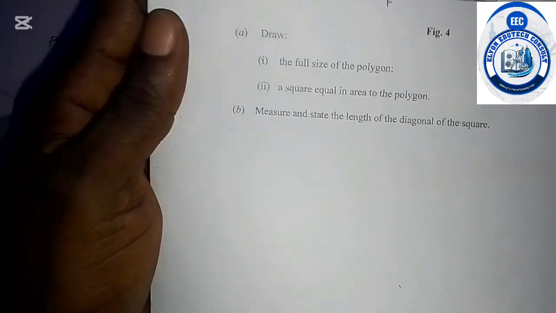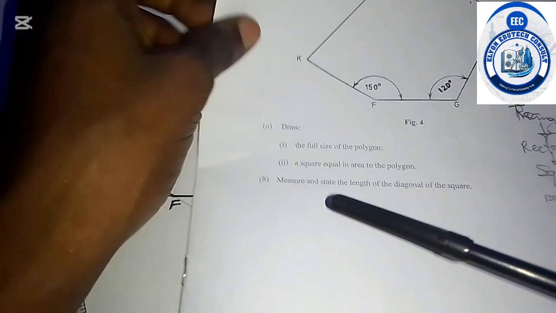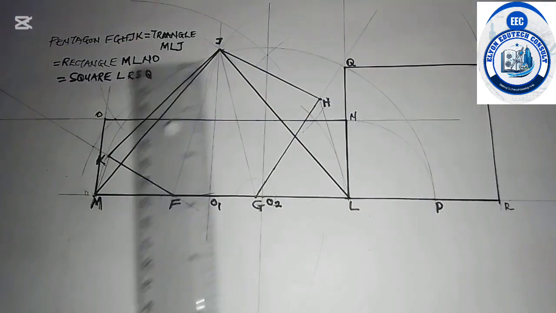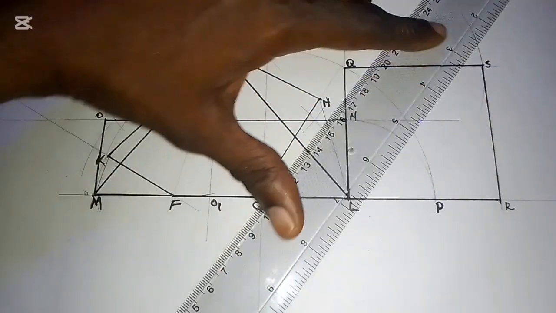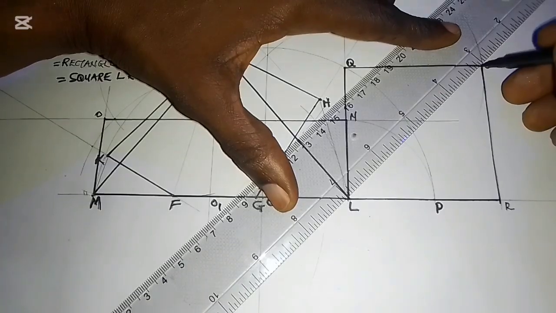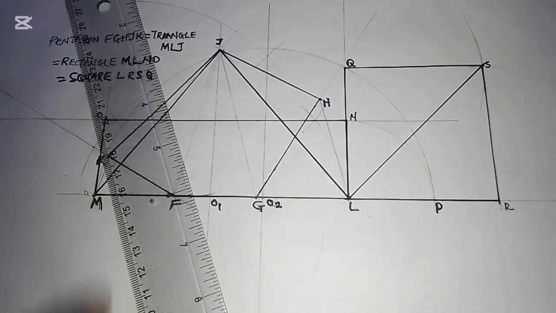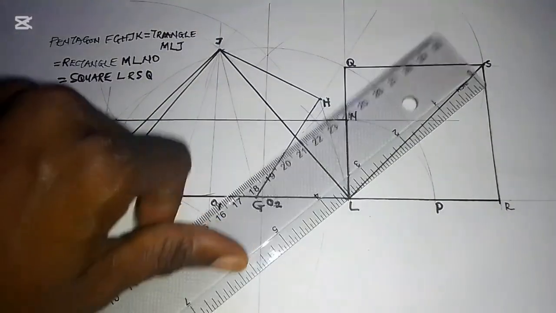The B part of the question states that we should measure and state the length of the diagonal of the square. So what that means now is that I'm going to be drawing the diagonal, any of the diagonals, either QR or LS. So I choose to draw this LS like this. All right, I have this. So we are told to measure the diagonal.